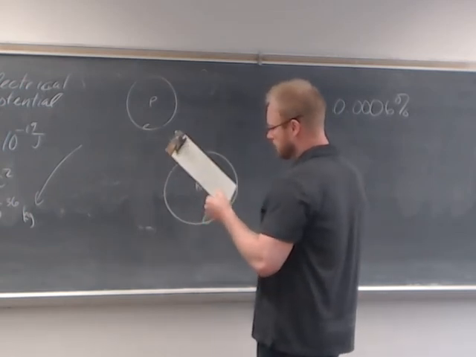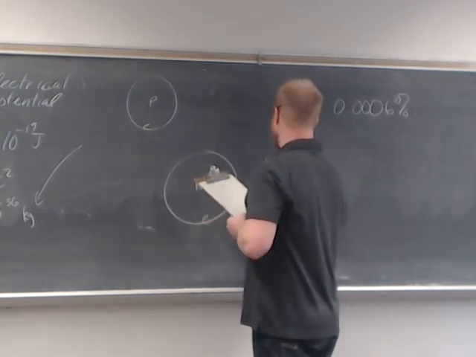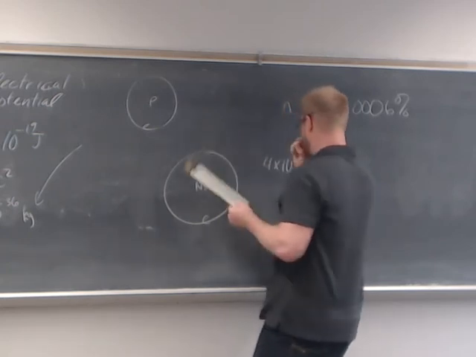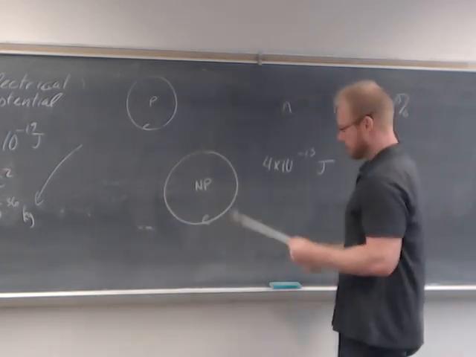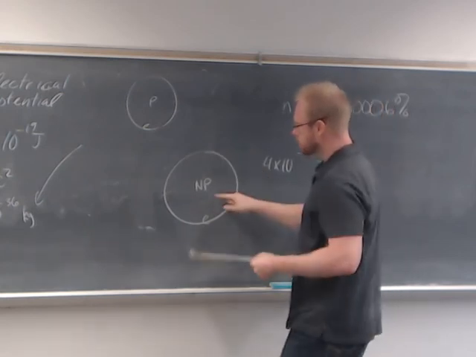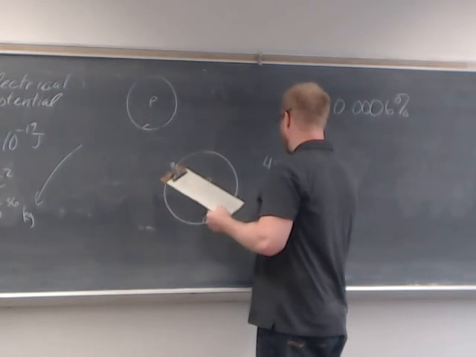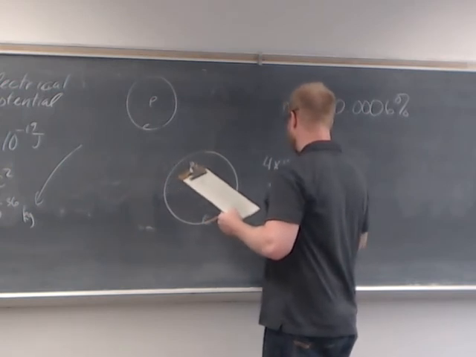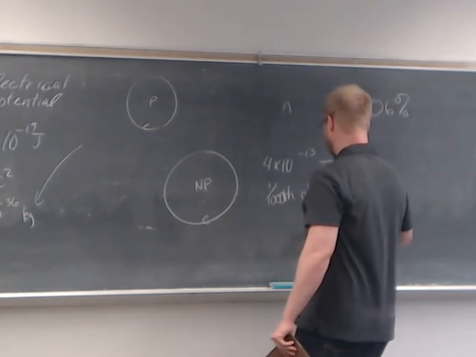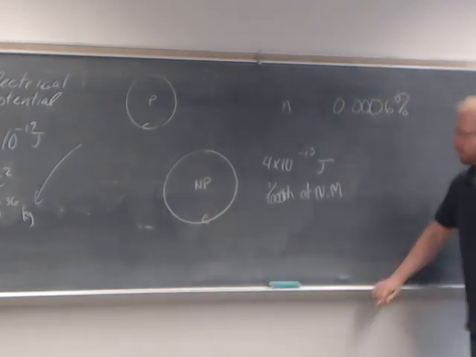Now this releases a bunch of energy. The amount of energy this releases is 4 times 10 to the minus 13 joules. Still, minus 13, so it's not that big of a number. But if you do this in terms of the nuclear mass, you get 1/1000th of a nuclear mass. I'm just writing that as NM for the moment.